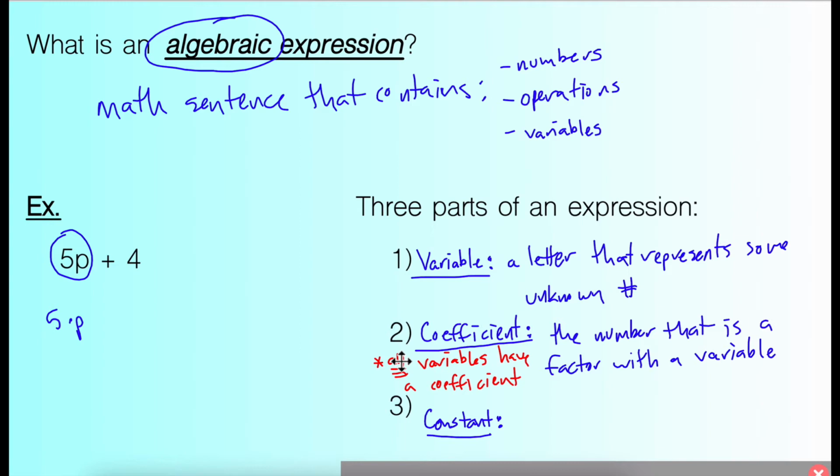For example, a silly example would be like the sun. The sun is always there. It's a constant in our universe. It's just this always shining thing. It's always there. So a constant in an algebraic expression is something that is constantly the same. And that's going to be any number that's by itself.